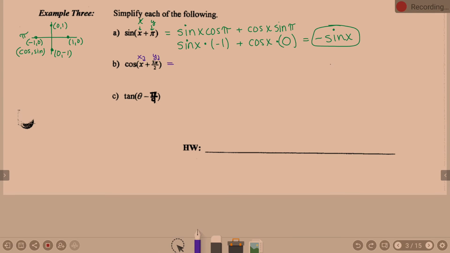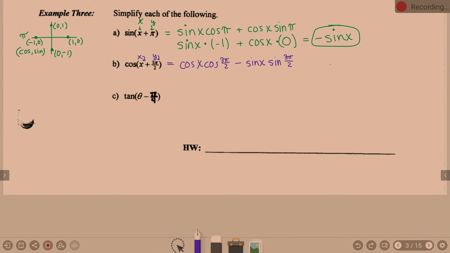Okay, this is our cosine identity, so it starts off cosine x, cosine 3 pi over 2, plus or minus? Opposite sign for cosine, and now the second part of this is sine x, sine 3 pi over 2.